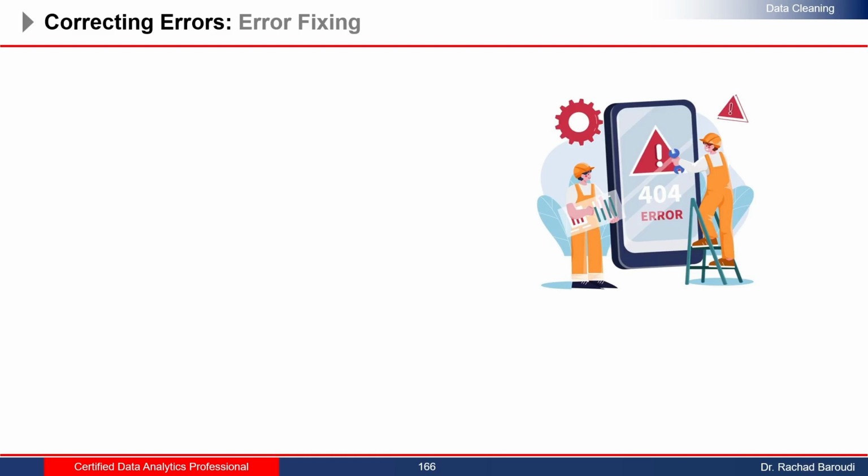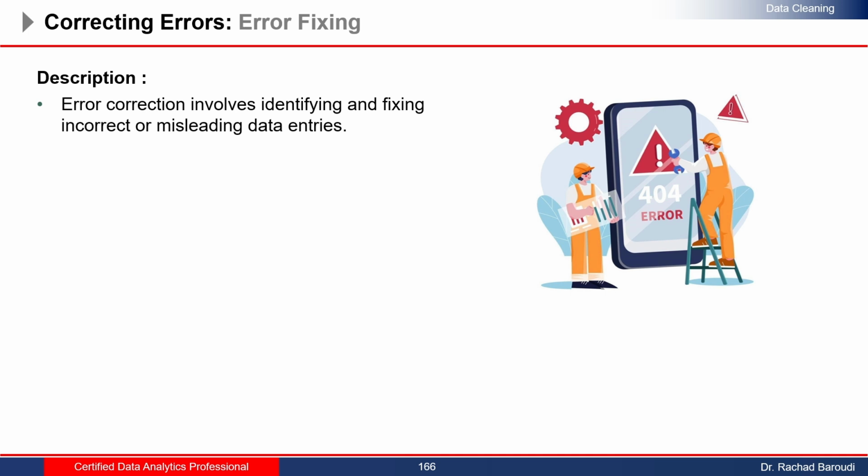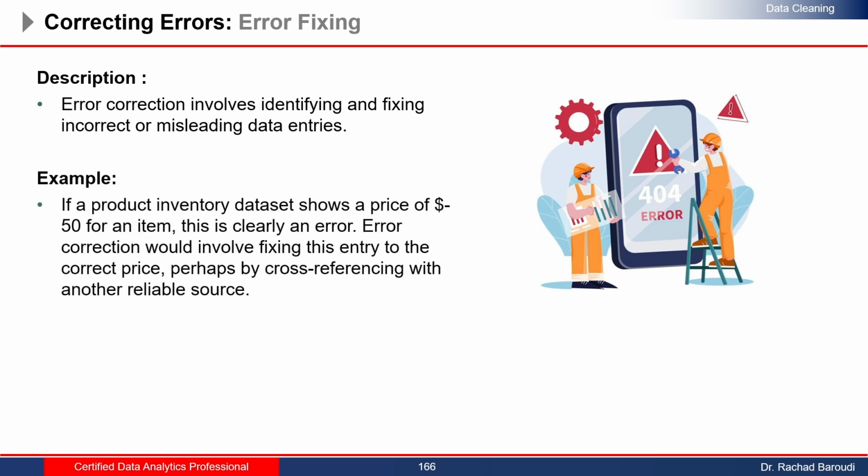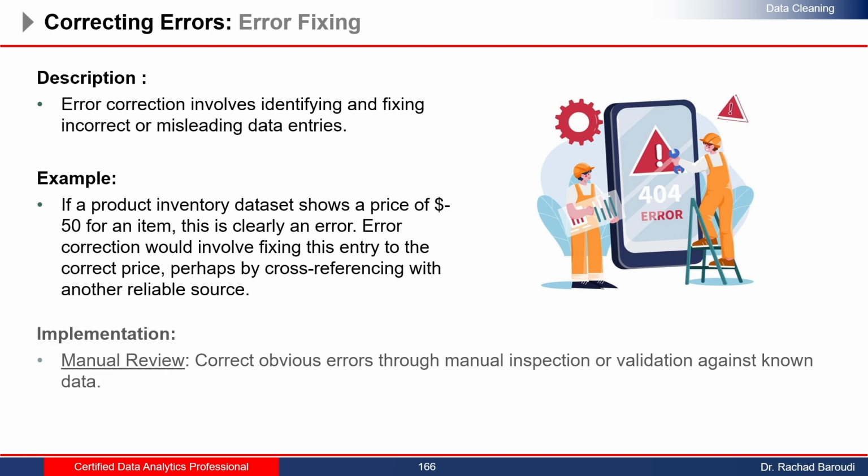Error fixing, which involves identifying and fixing incorrect and misleading data entries. For example, if a product inventory dataset shows a price of -50 for an item, this is clearly an error because a price cannot be a minus. Error correction would involve fixing this entry to the correct price, perhaps by cross-referencing with another reliable source.